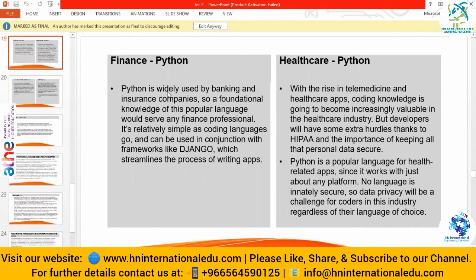That's why the finance department or industries use the Python language. It is widely used by banking and insurance companies. So foundational knowledge of this popular language would serve any financial professional. It is relatively simple as coding languages go and can be used in conjunction with frameworks like Django, which streamlines the process of writing apps.